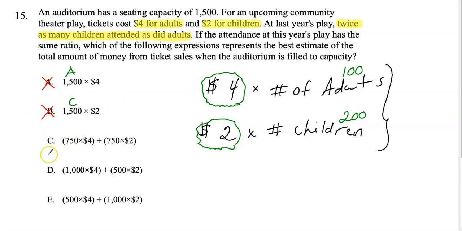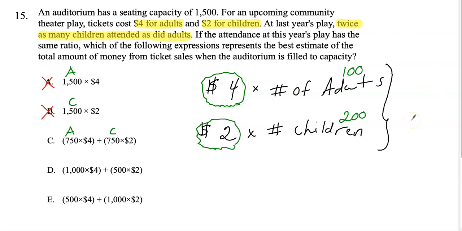Now, let's go to C and see if it makes sense. Remember, when I see the $4, we're talking about the adults. This means that 750 adults showed up, and they paid $4, plus 750 children showed up, and they paid $2. Again, I know this is children because of the $2. Do you think C is the right answer based on this example I showed you?